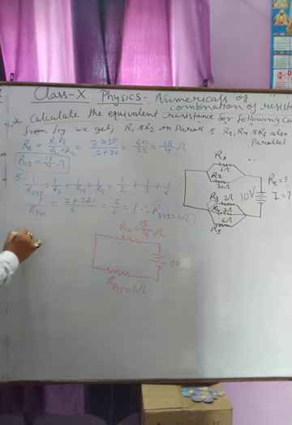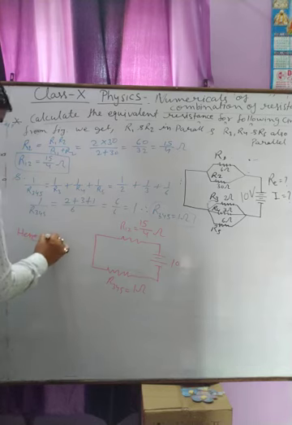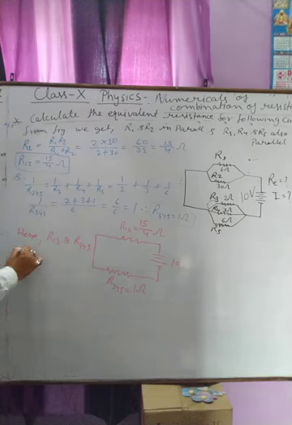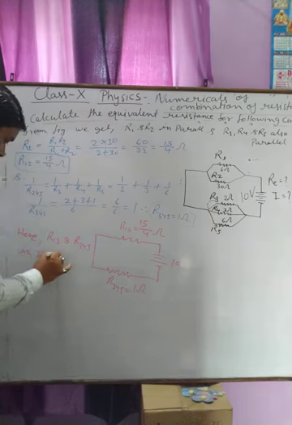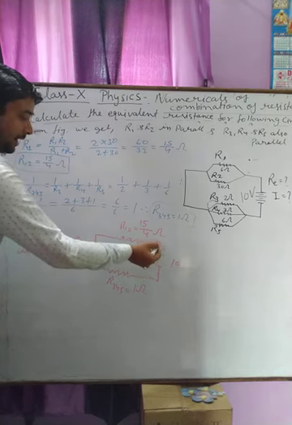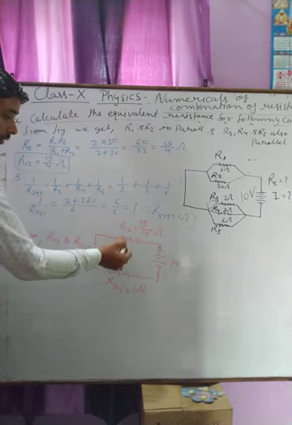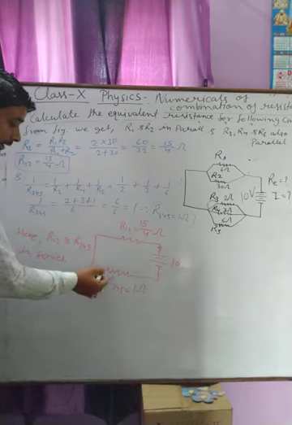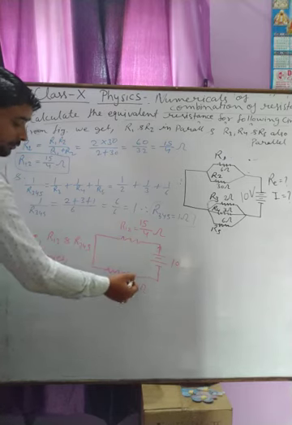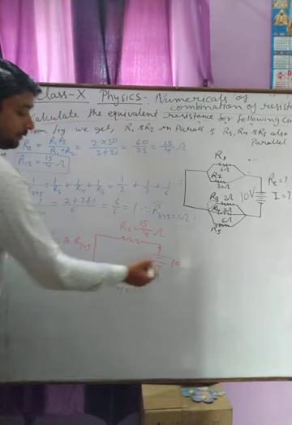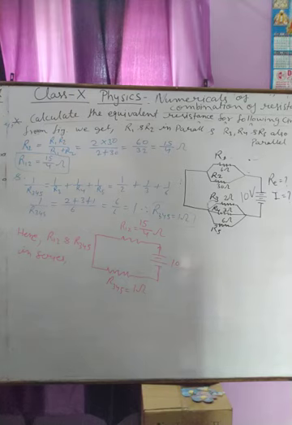Here R12 and R345 are in series, because when the current starts from the battery, it goes to this R12 and takes a turn, then again takes a turn and goes to this R345 and then reaches the negative terminal of the battery.